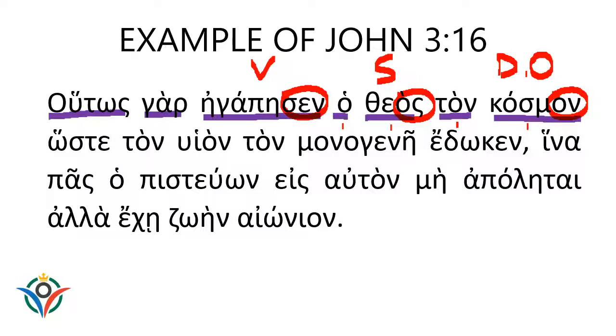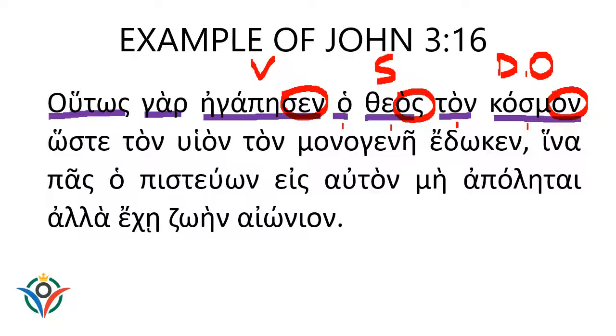Well, very simply put, the Greek writers would often emphasize something, and that which they were emphasizing would be placed at the front of the sentence. So as you can see here, John is emphasizing the love of God and the fact that God demonstrated his love by sending his one and only Son to come and die for us, and that whoever believes in him should not perish but have everlasting life.